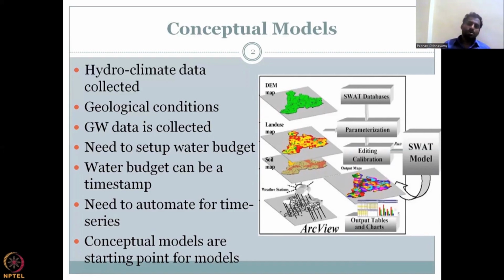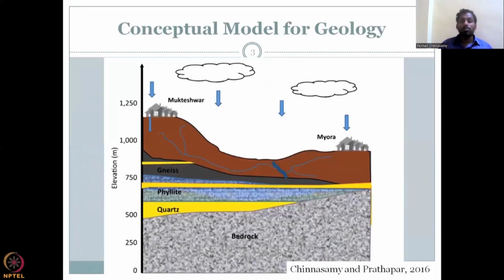So where does the conceptual model come in? Okay, so does it come here? In a surface water model, as I said, it's not much necessary, but for groundwater models, it is necessary. Let's take an example from Chinnasamy and Prathapar 2016. What you see here is we collected different ground realities and aquifer types from bore logs. Okay, so we take, for example, distance and depth.